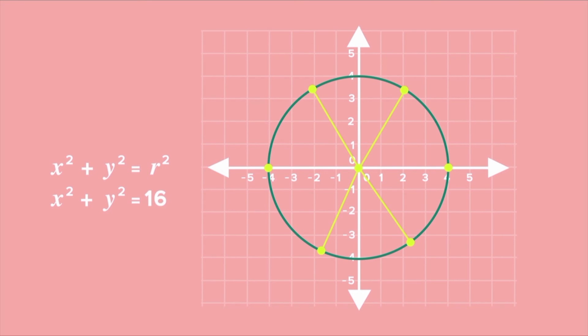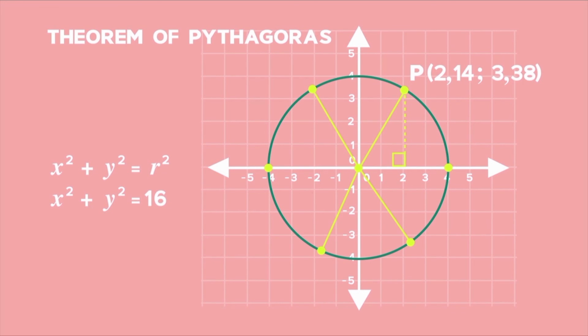You can take any point P on the circumference and make a right-angled triangle using the radius. That means that you can use the theorem of Pythagoras to calculate the radius of the circle using the x and y values of point P.